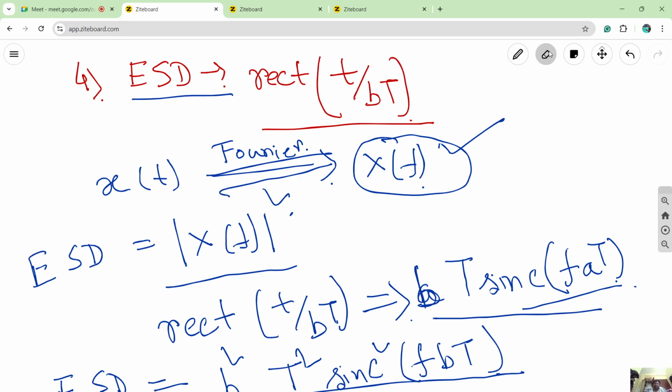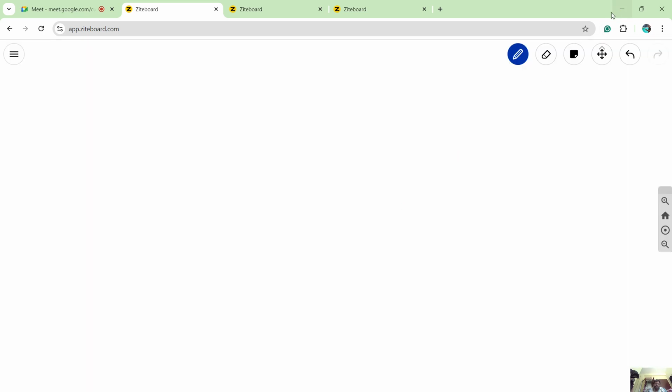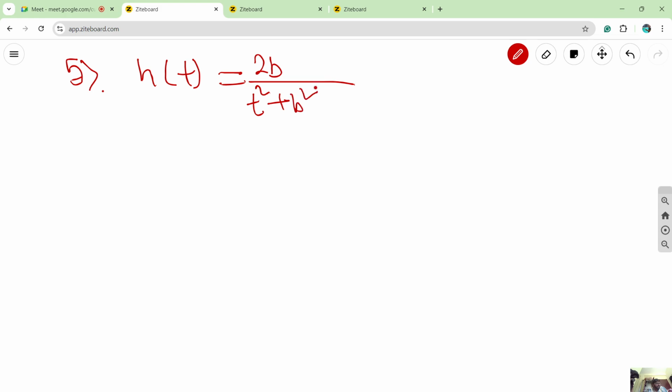Now let us go to question number 5. Again, we have been given a signal h(t), that is actually 2b by t square plus b square. Find the ESD.